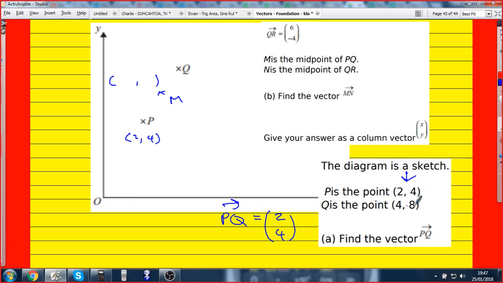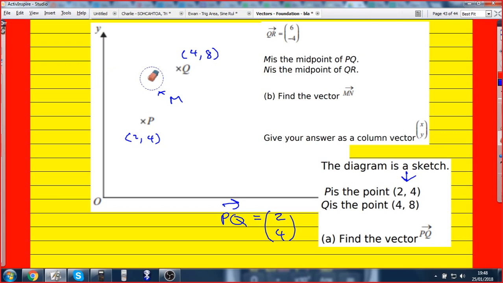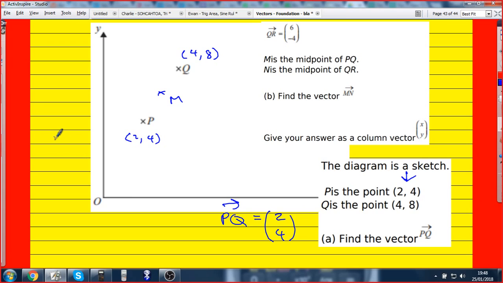Basically, what's the midpoint of 2, 4 and 4, 8? Is it 2? No, it's because you go between the 4 and the 2, don't you?